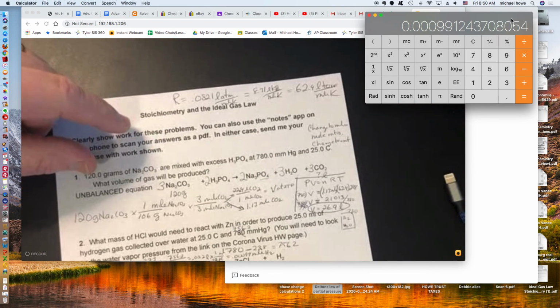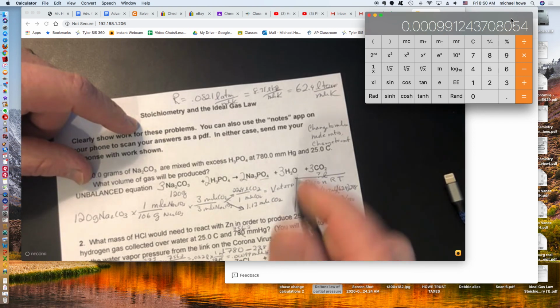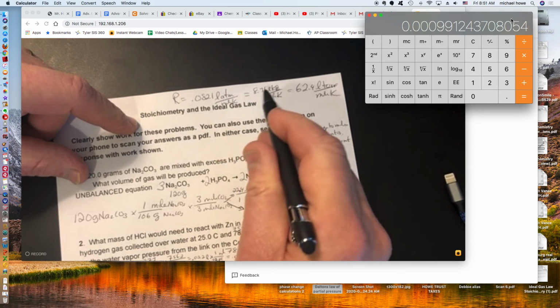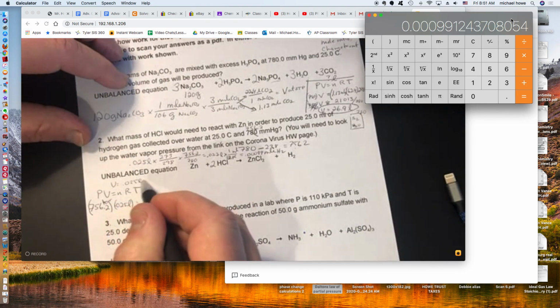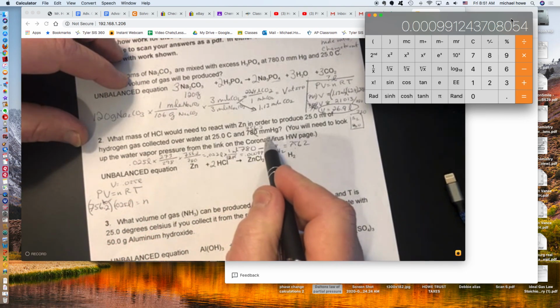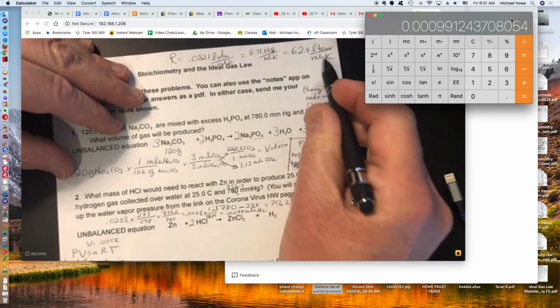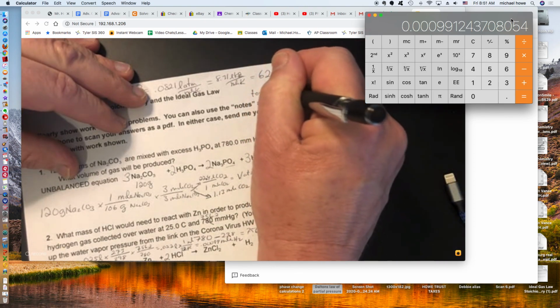So any one of those 3 numbers you can use for R depending upon the unit of pressure. You see everything's the same in all of them except for the pressure unit: atmospheres, kilopascals, torr. Since this problem is in torr, or millimeters of mercury, you should use the 62.4 value for R right here. Now remember, a torr and a millimeter of mercury, same thing.